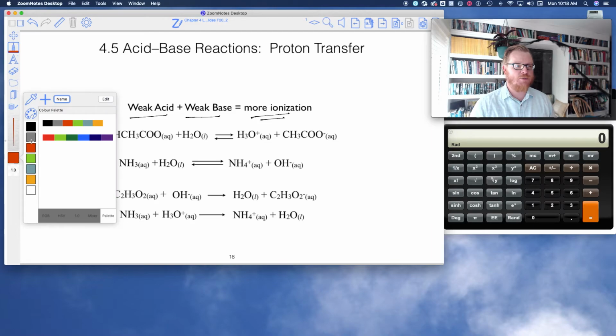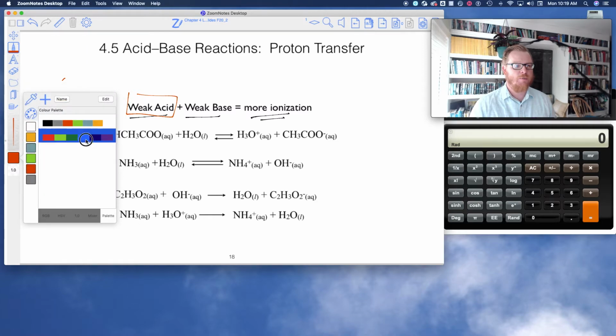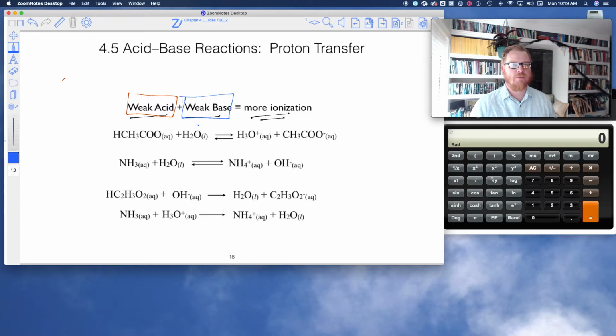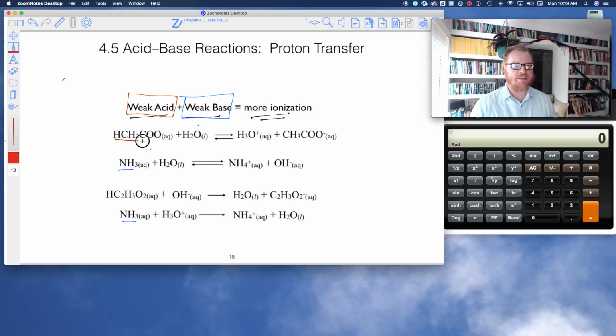I'm going to change my arrow. I'm going to use red for acids, and I'm going to use blue for bases. So here is my base. I'm going to highlight all my bases so we can keep track, and I'm going to highlight all of my acids as well.